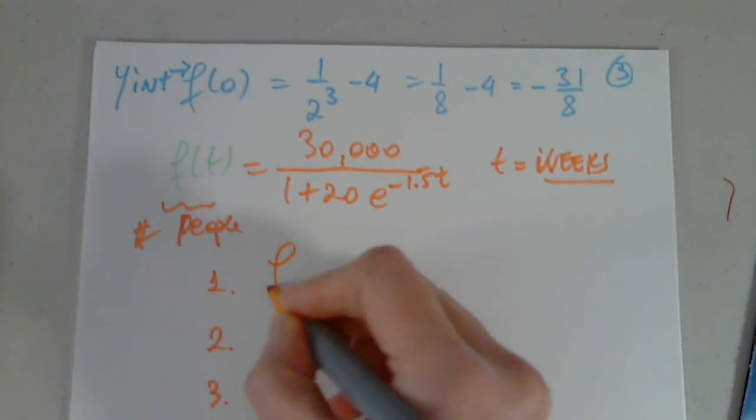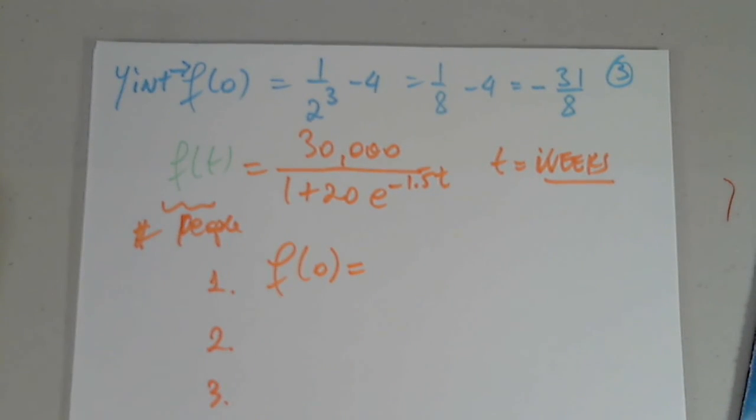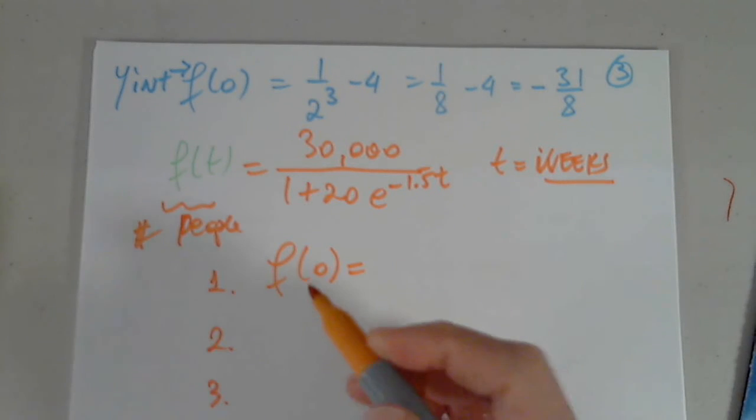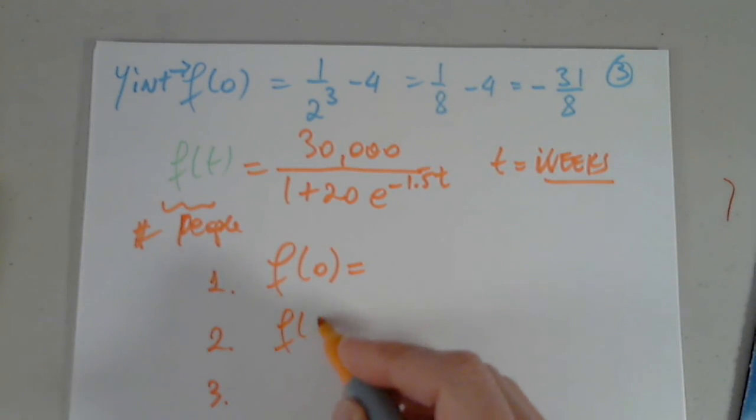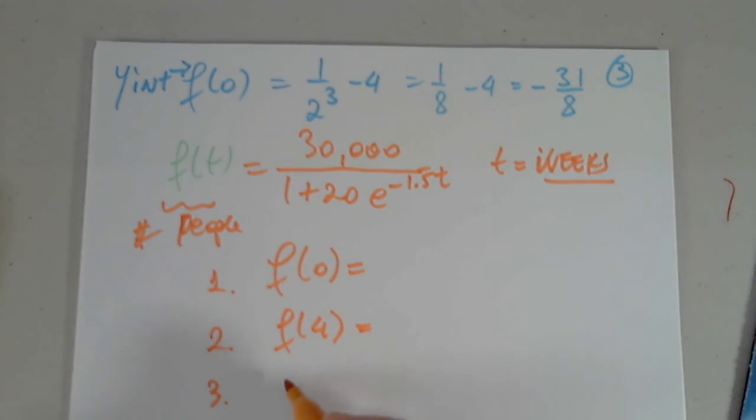Exactly. So we have to find f of 0. Part B. How many people were ill by the end of the 4th week? f of 4. And the limiting size is when t goes to infinity. We'll see in a moment what happens.